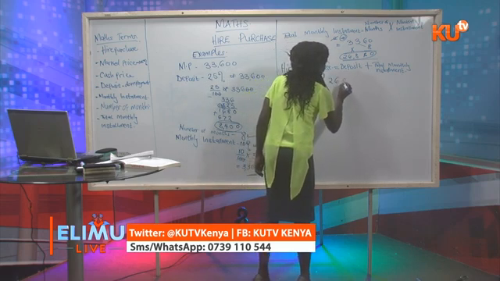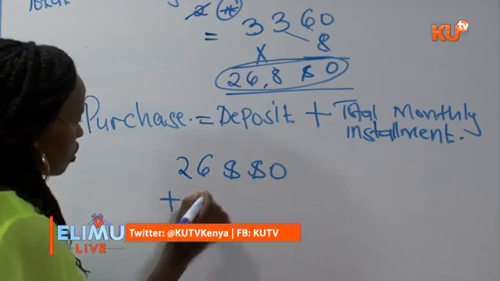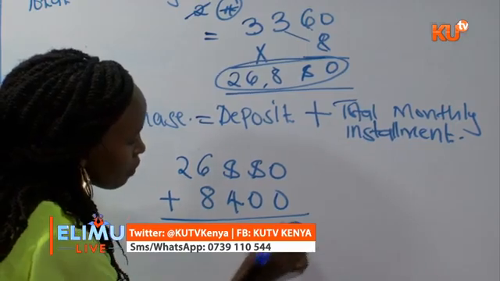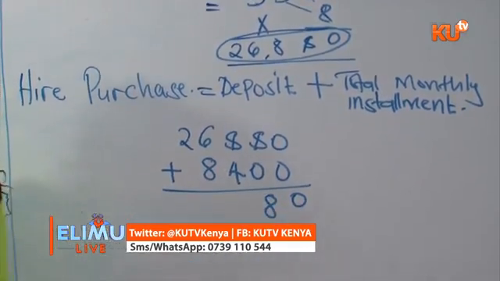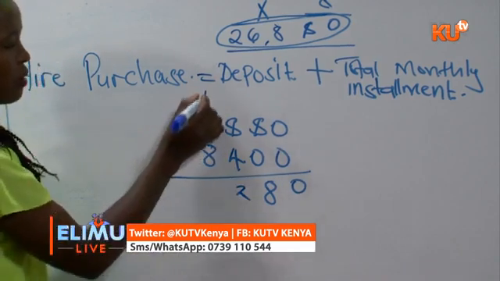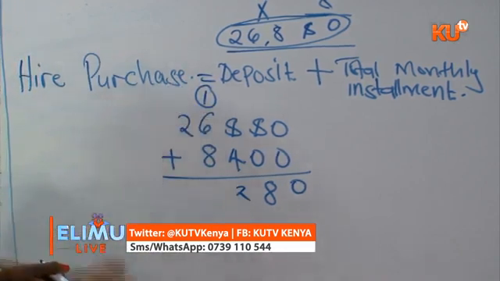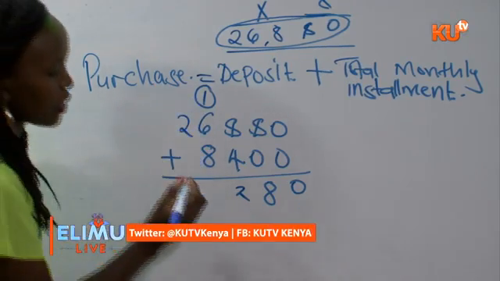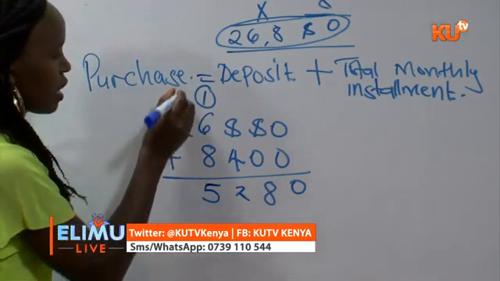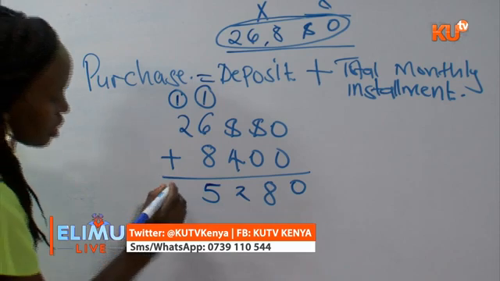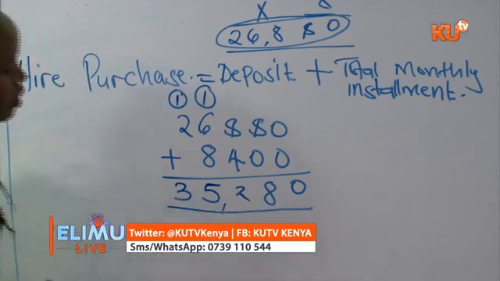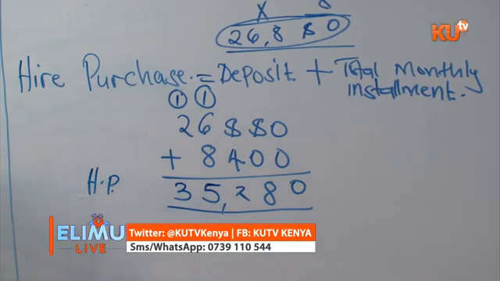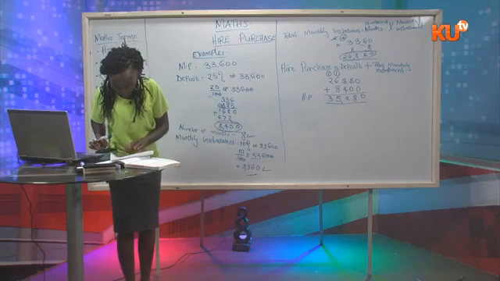So 26,880 you add to 8,400. Eight plus 4 is 12. I carry 1. Remember to circle the carried figure so that you can remember to add. Then 1 plus 6 is 7. 7 plus 8, we get 15. I write 5. I carry 1 again. 1 plus 2 is 3. So our hire purchase price is 35,280.